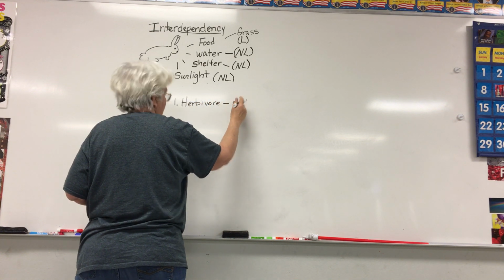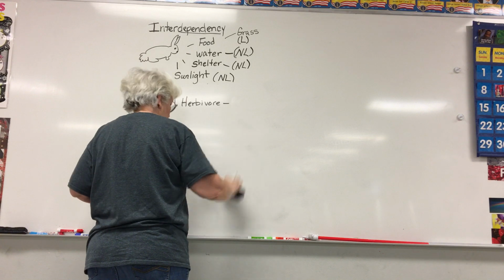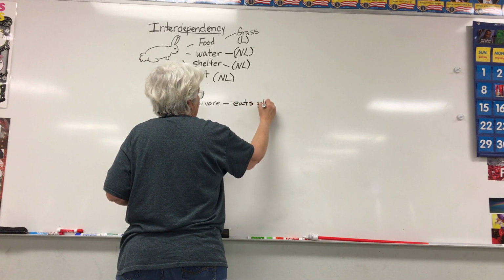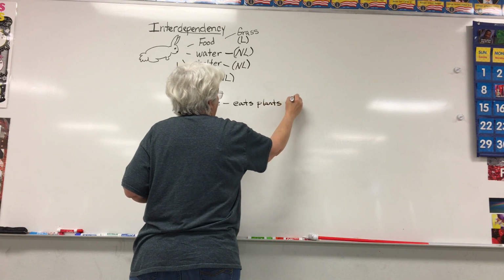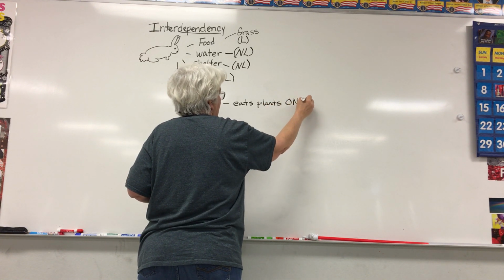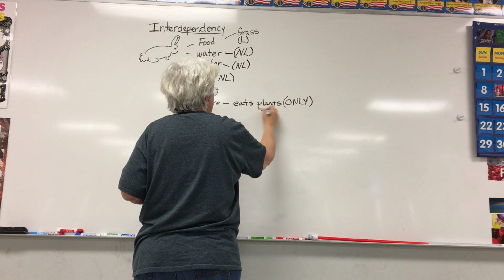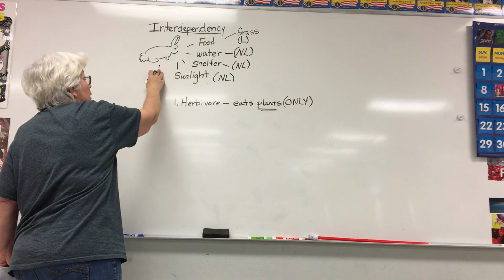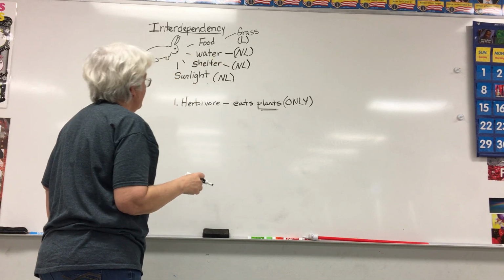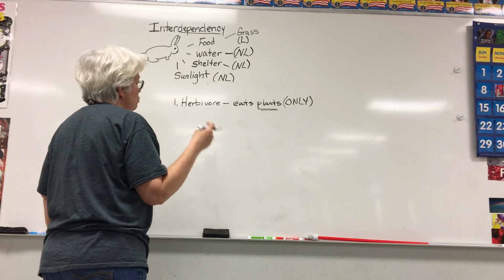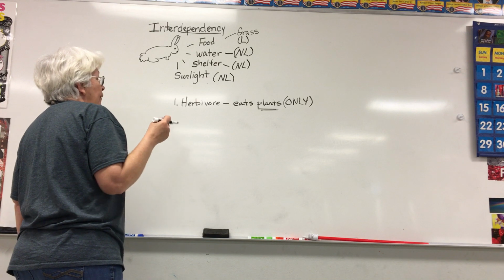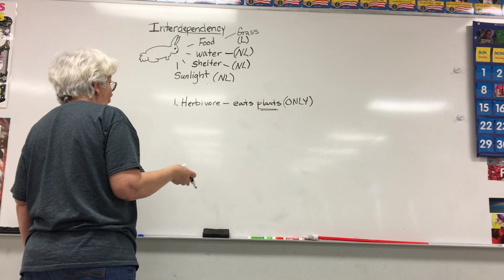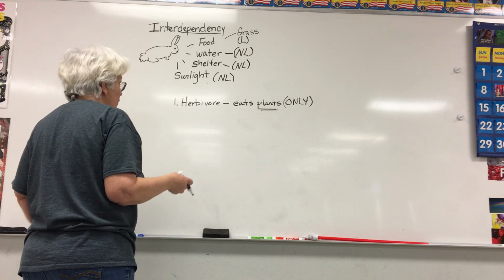Let me put, well, eats plants only. Okay, only eats plants. Is a herbivore. That's that. This is a rabbit because he eats grass. He's a herbivore. Cows, horses, goats, sheep, grasshoppers, anything that eats grass or plants is a herbivore.